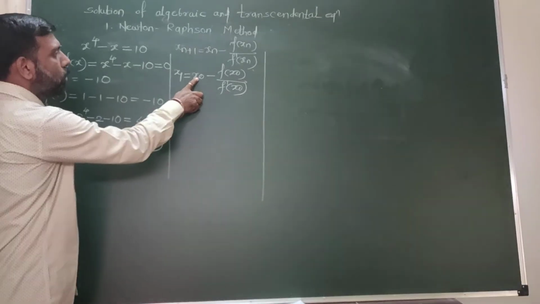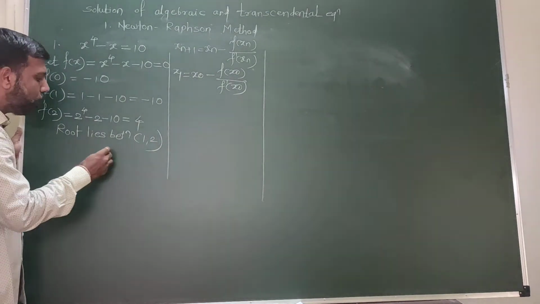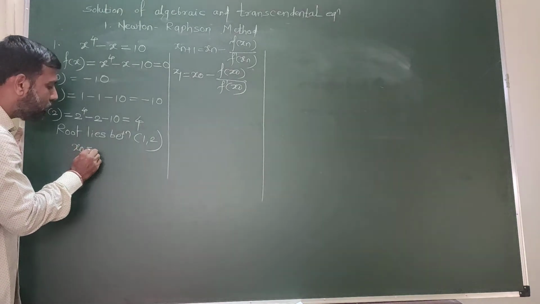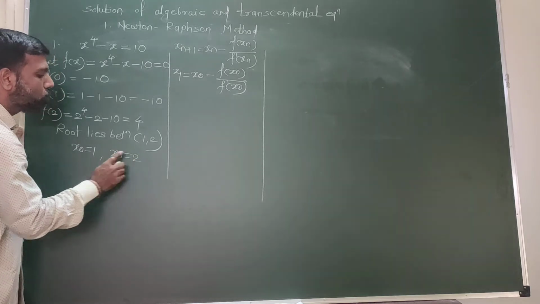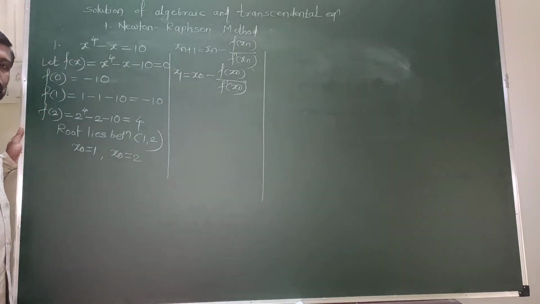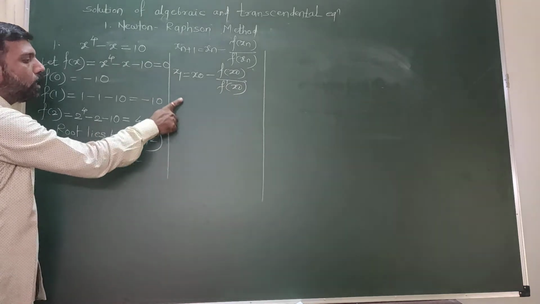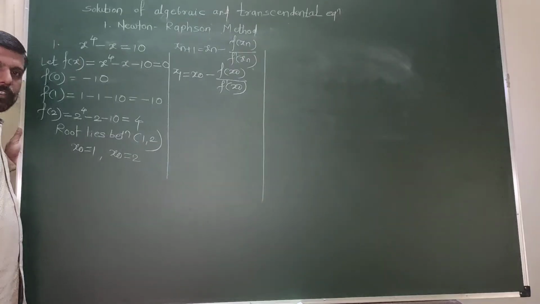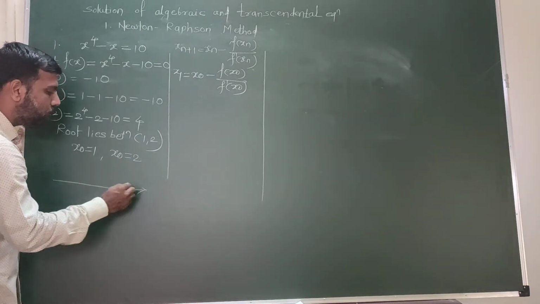Here, what value of x0 do we have to assume? From this interval, x0 is 1 or x0 is 2. Any one of these two values we can substitute as the x0 value. But to reduce the number of approximations, we take the value which is nearer to 0 on the real line.